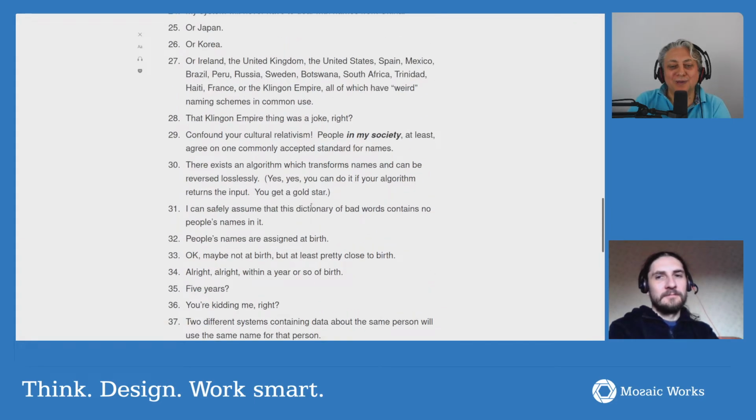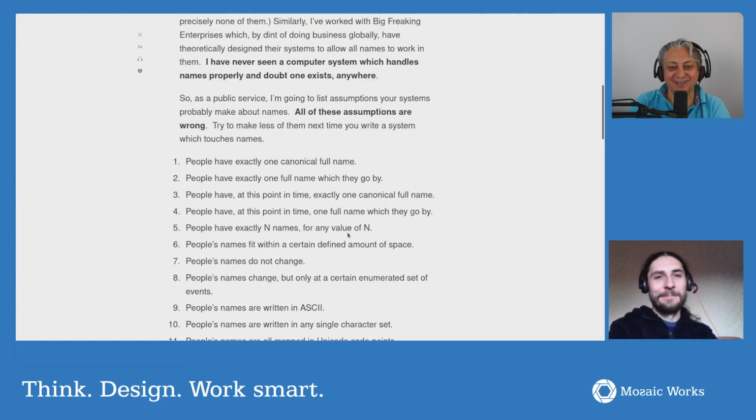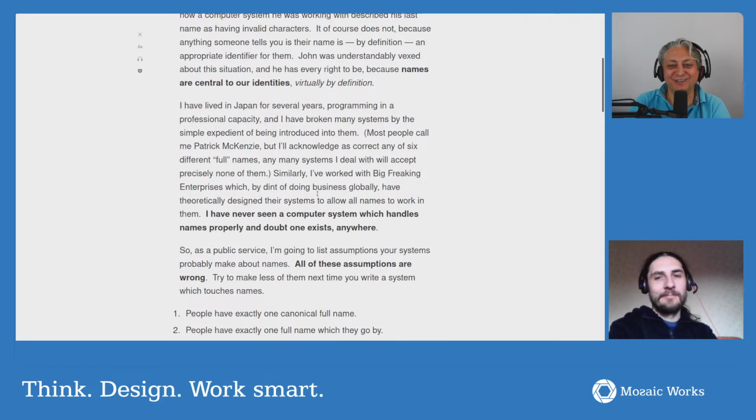And to end this, because I found it quite funny, the Klingon Empire thing was a joke, right? Because he starts by saying that you might need to support Klingon names.